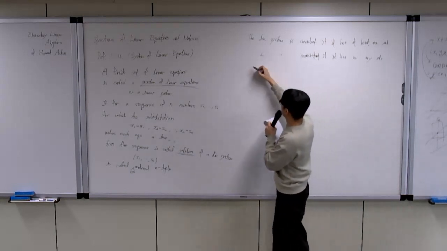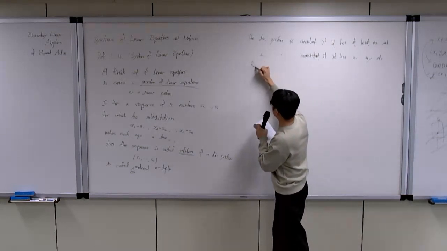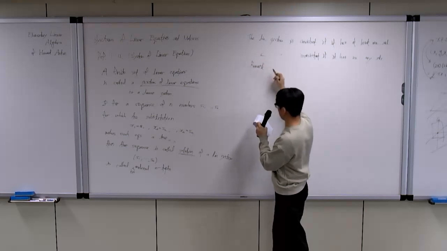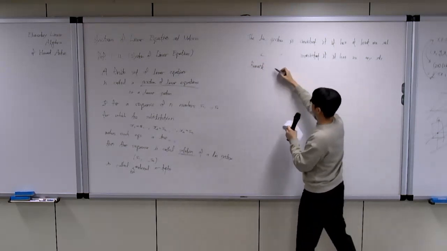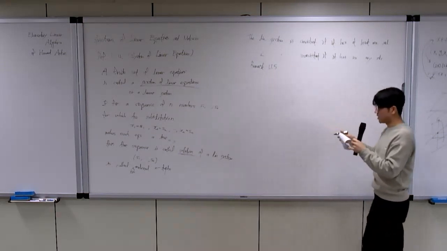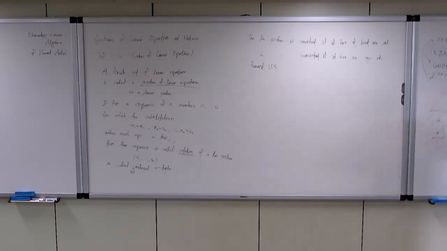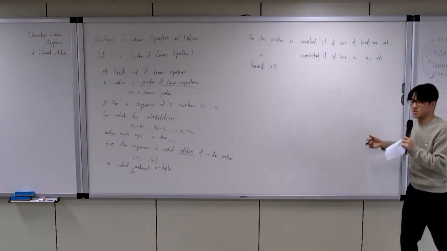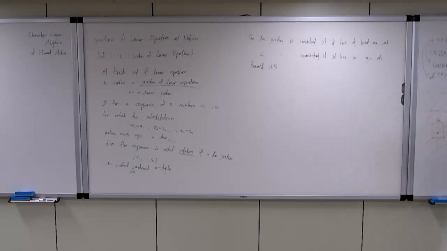Let me give one more remark. As I explained, a linear system can be drawn by lines or planes because it has only degree 1 polynomials.